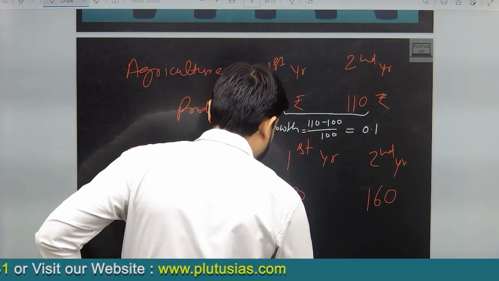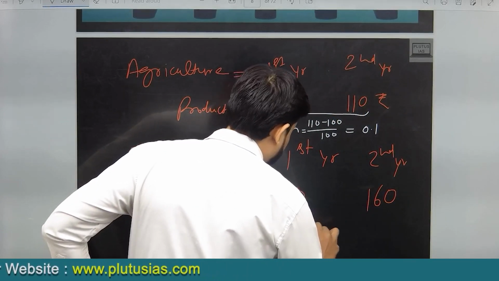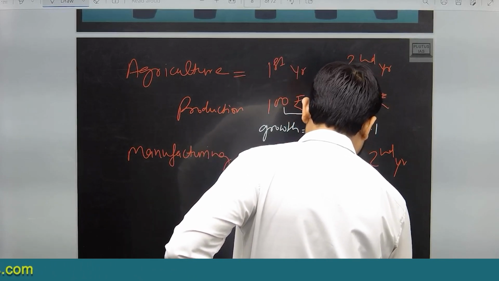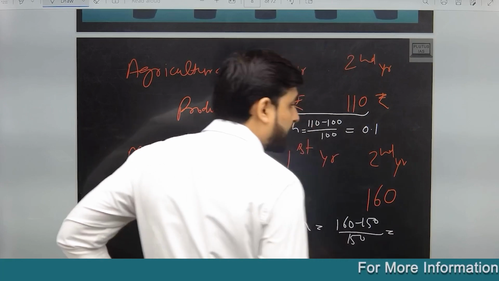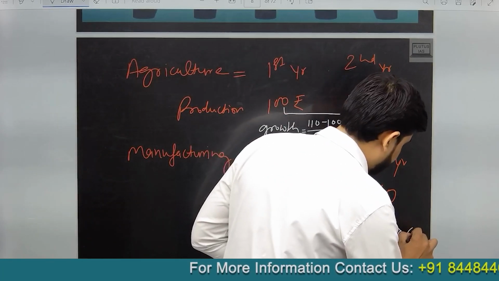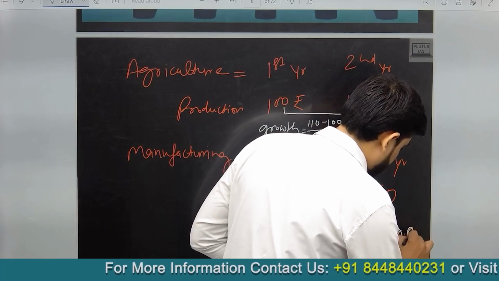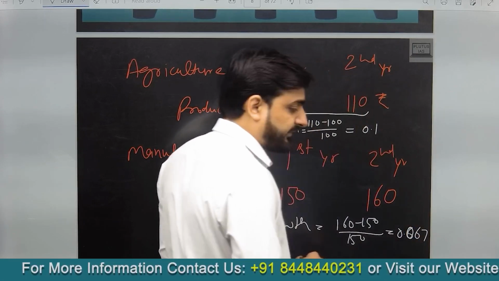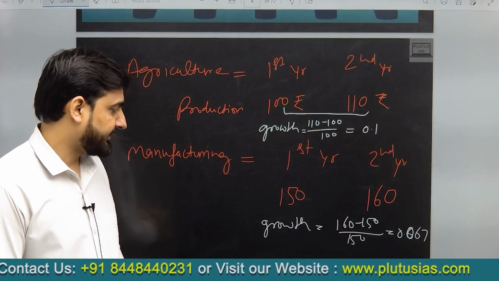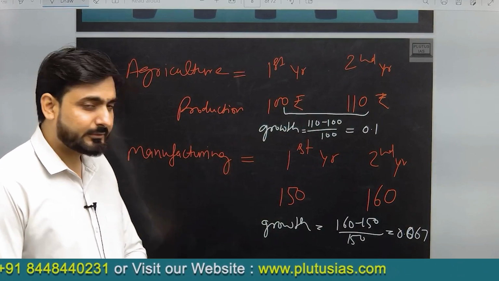Now here growth equal to 160 minus 150 divided by 150, that will be 0.0667 around, or 6.7%. So this is growth.